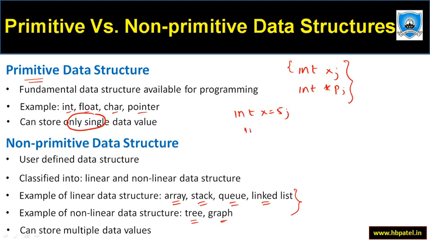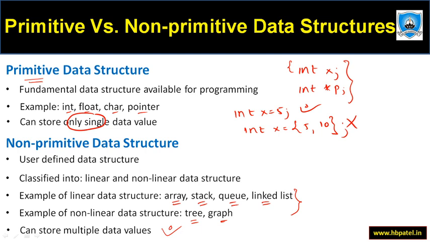You cannot have something like integer x equal to 5 as well as 10. You cannot store multiple data values. But in case of non-primitive data structure, we will be storing multiple data values. We'll be having a stack of values. We'll be having values put in queue and linked list. So we can store multiple data values in case of non-primitive.